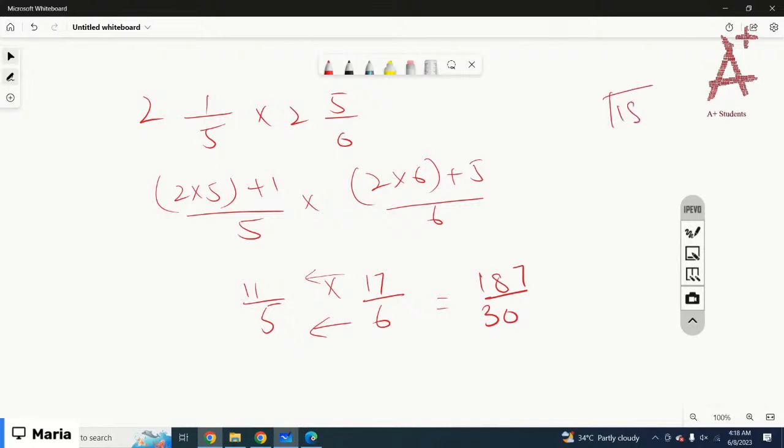Let's divide 187 over 30. We can go for 30 times 6 because 6 times 3 is 18. Here we are left with 7. So it will be 7 whole 6 over 30. You can divide numerator and denominator by 6. So it would be 7 whole 1 over 5. Got it?